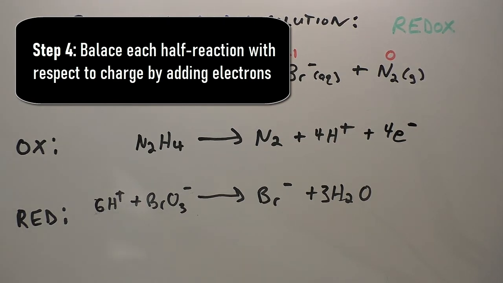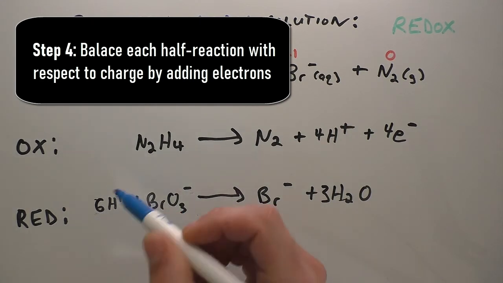And the reduction half reaction is a little bit more tricky. I think it would be worthwhile for us to identify the charge of both sides of this equation first. So we have 6 H+ over here, so that's 6+ coming from this species here. We have 1- coming from this species here. So 6+, 1-.